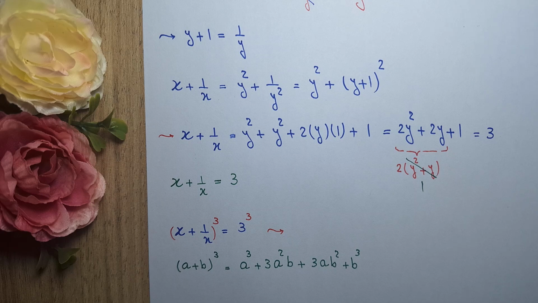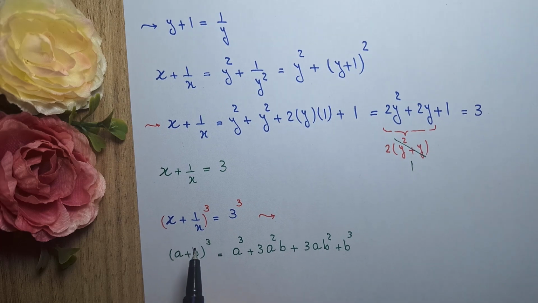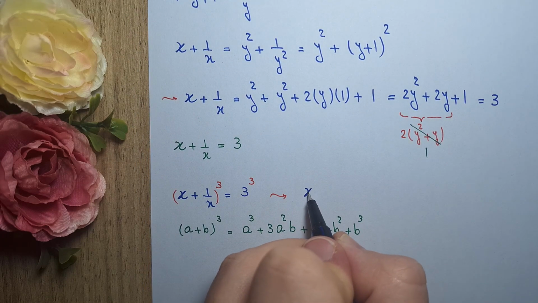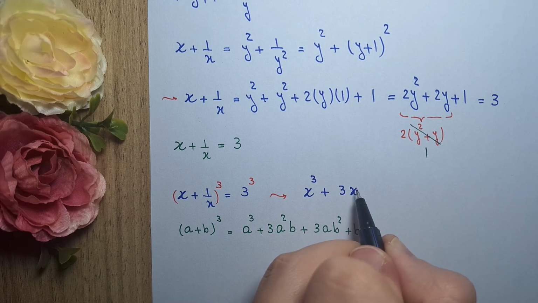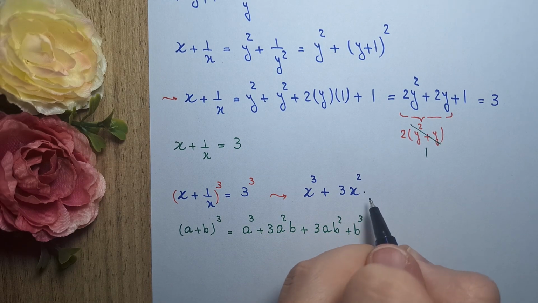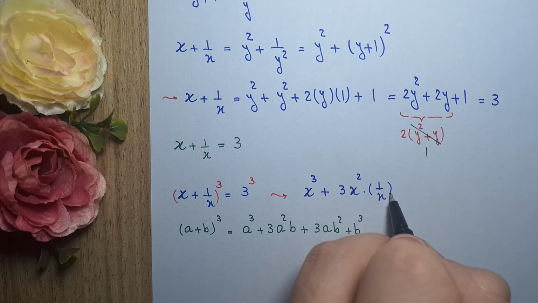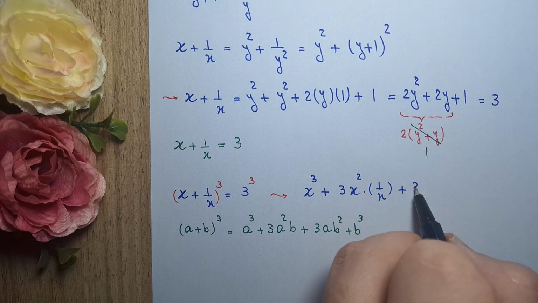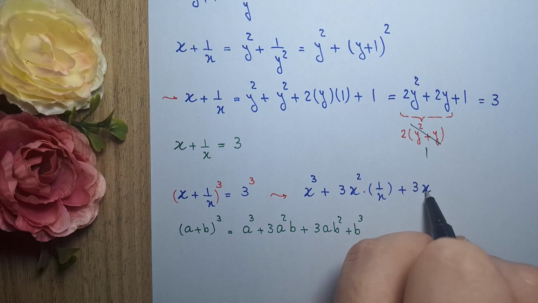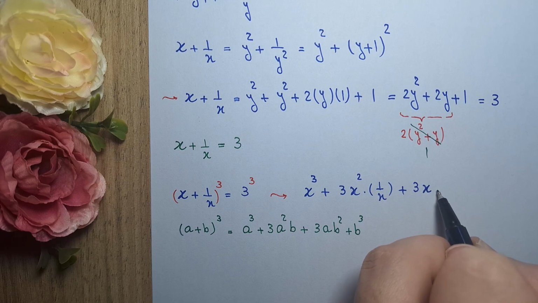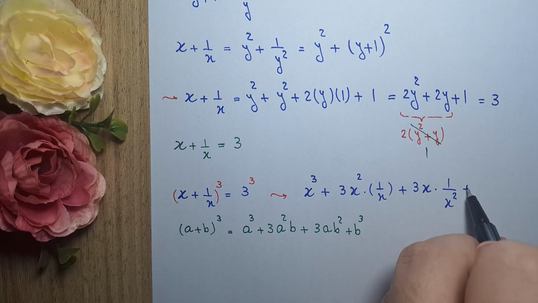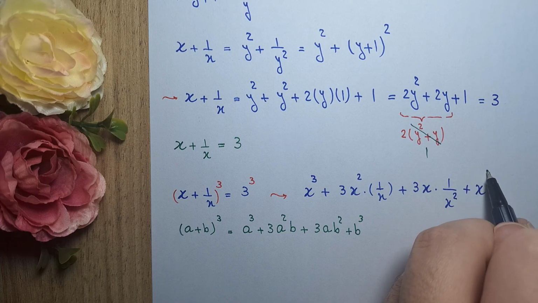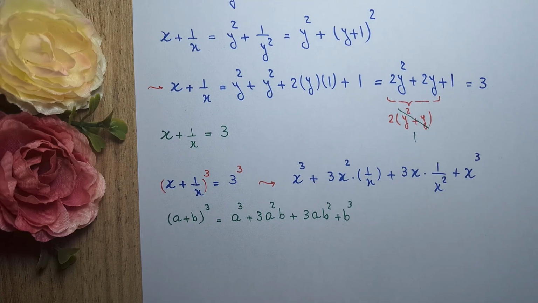According to this tip, we can write this equation like this: x power 3 plus 3 times x squared times 1 over x plus 3 times x times 1 over x squared plus 1 over x power 3.